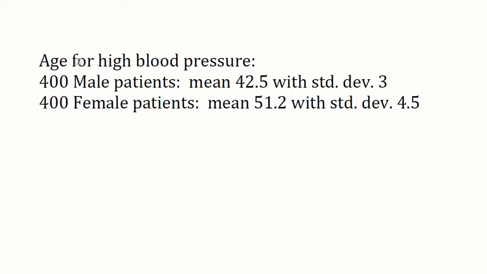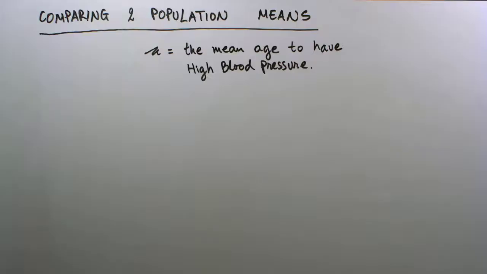For the same age for high blood pressure, I am now studying whether there is any difference between the mean age among the male patients and among the female patients. We don't need to worry about all the numbers provided here yet, but let's swing back to my writing board.